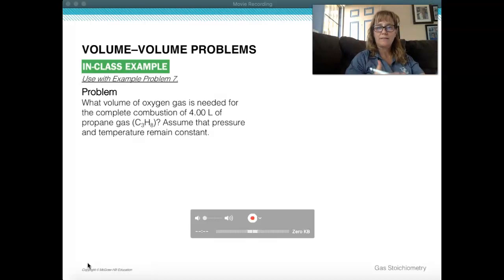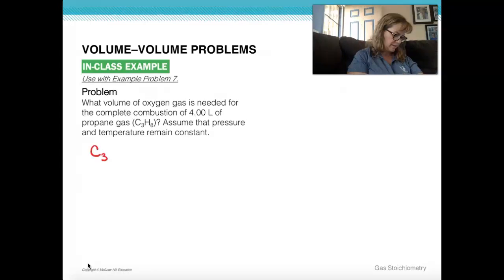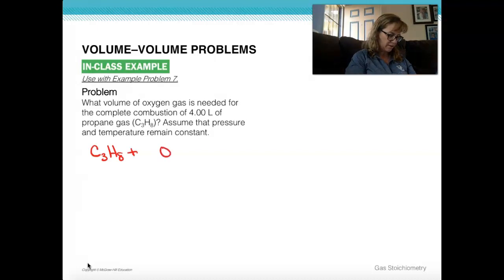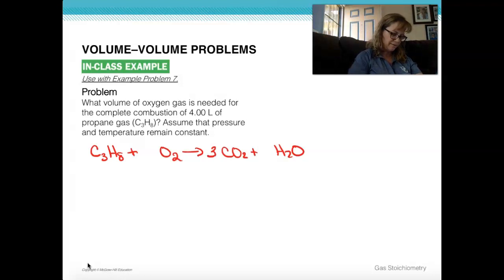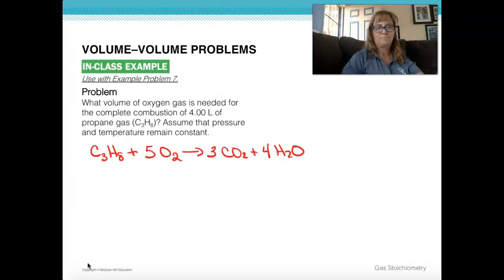So for this balanced chemical equation, we take propane, which is a hydrocarbon, and complete combustion means that we would react this with oxygen to always produce carbon dioxide and water. If we balance this, we would need 3 carbon dioxides, 4 waters, and 5 oxygens.